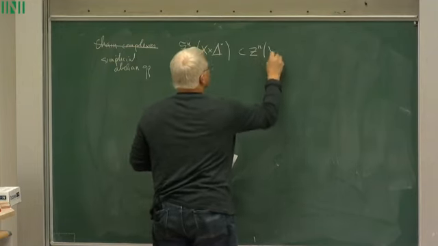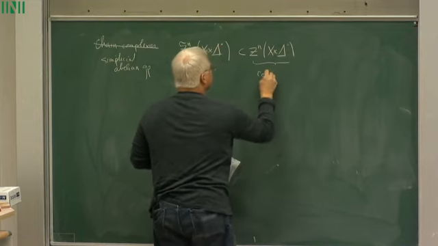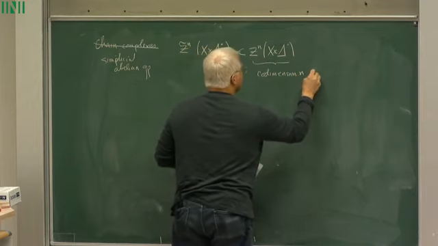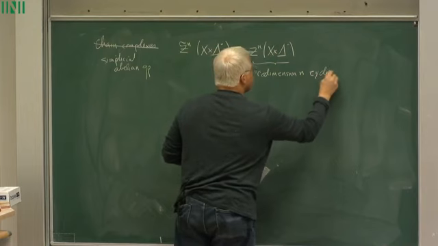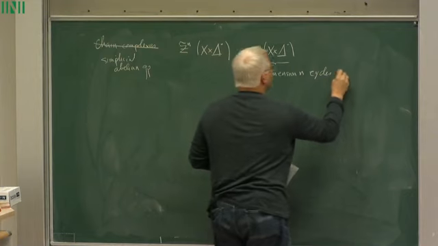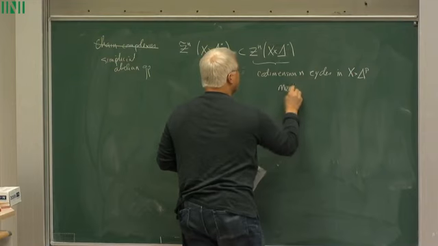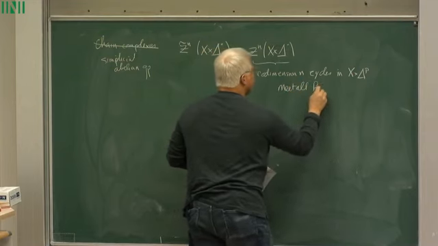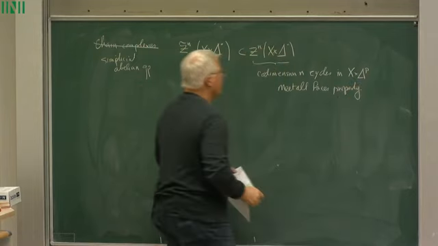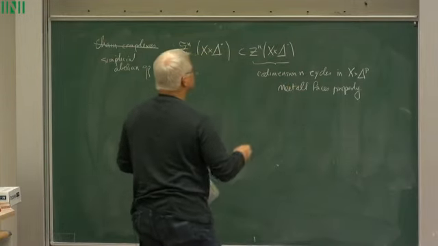So these are codimension n cycles in X cross delta^p, which meet all faces properly. And the condition that they meet all faces properly is that this gives you a simplicial set.